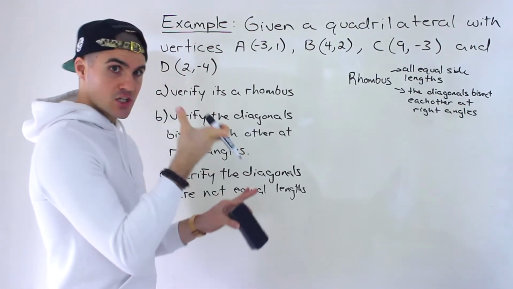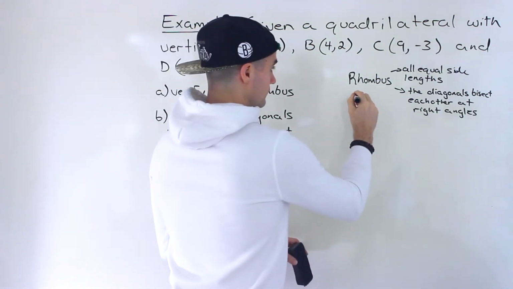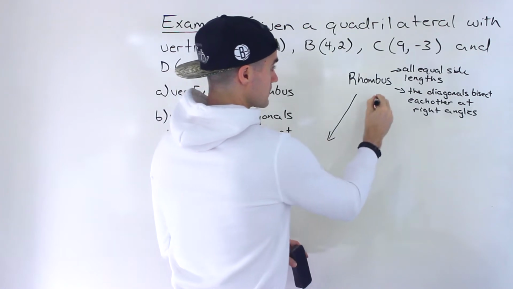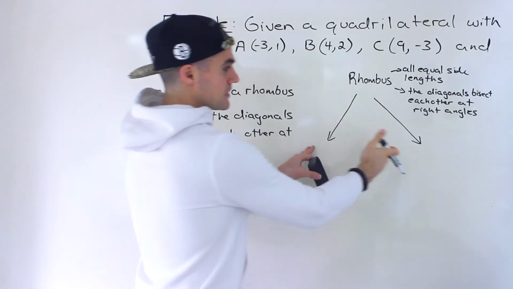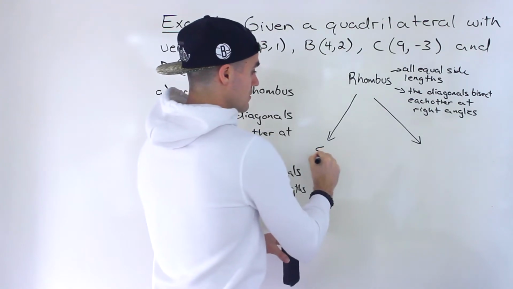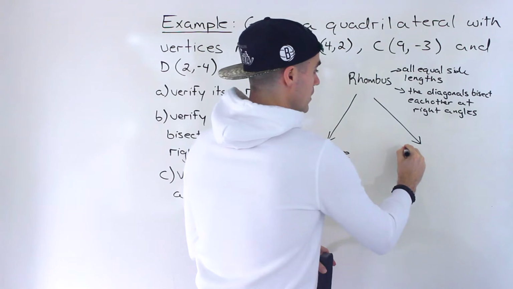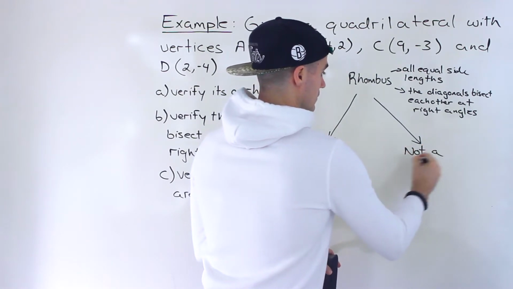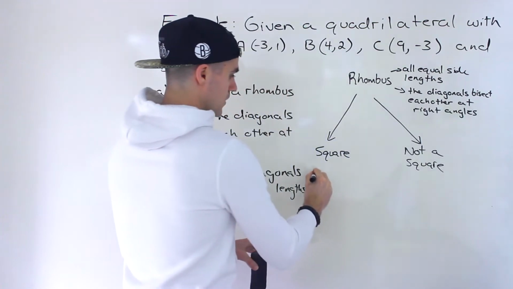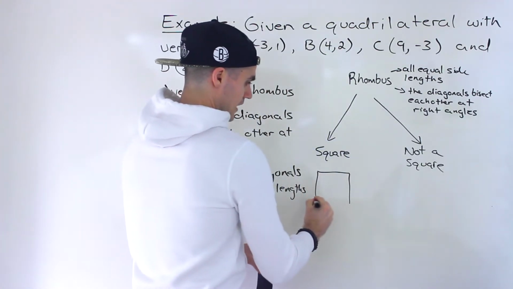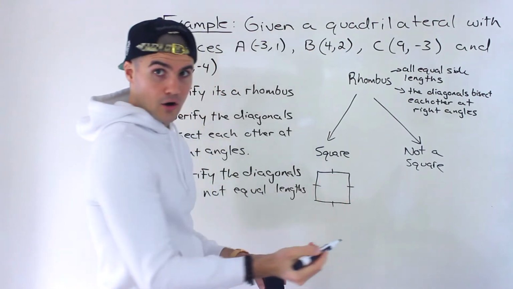And so we're going to verify that property in part B. Now, as I mentioned, a square is a type of rhombus. So here's where the confusion can sometimes lie. A rhombus can pretty much be split up into 2 different cases. Either it can be a square or it can be not a square. In a square we know it basically looks like this, right? All 4 sides are equal lengths.